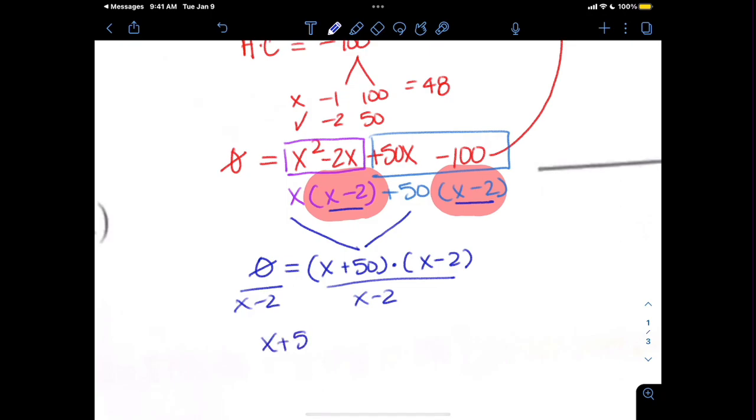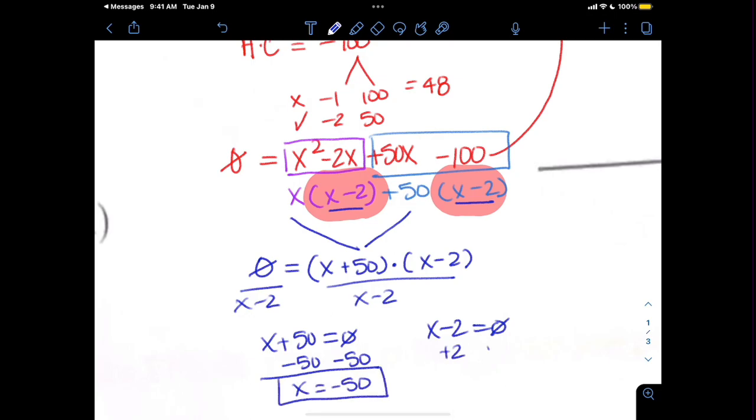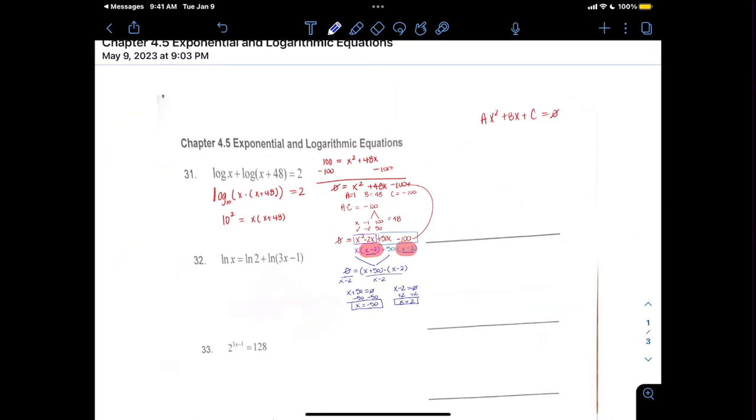And I get each one as a separate equation. I can do the same thing by dividing by x plus 50. So I'll go ahead and solve it. There's one. I'll solve the other one. There's 2. Those are my answers.